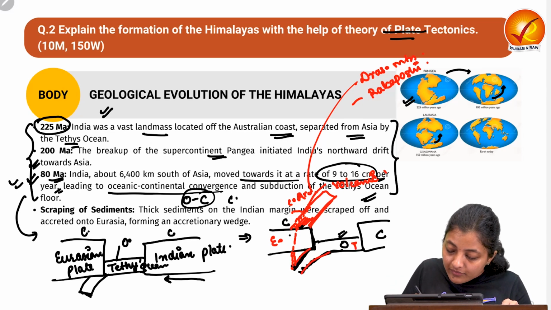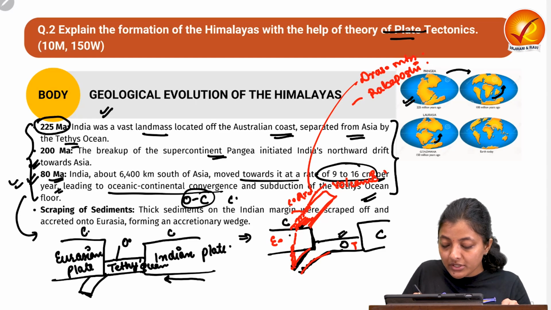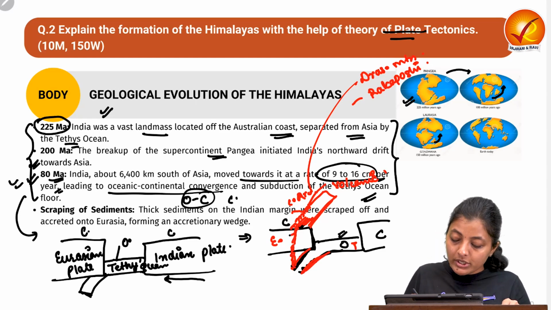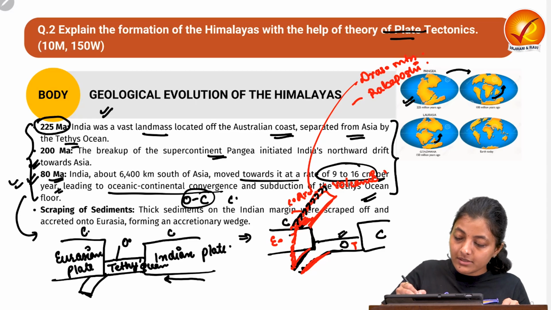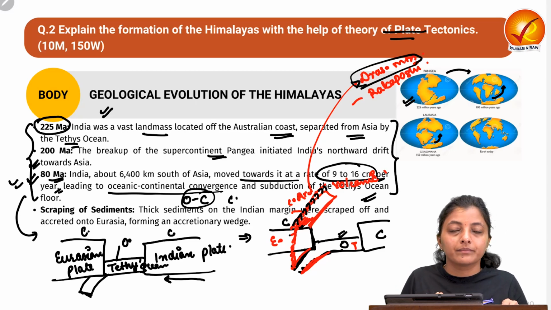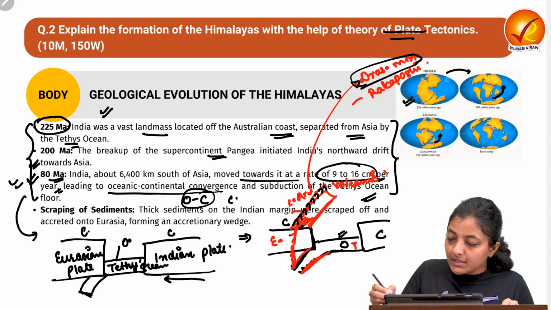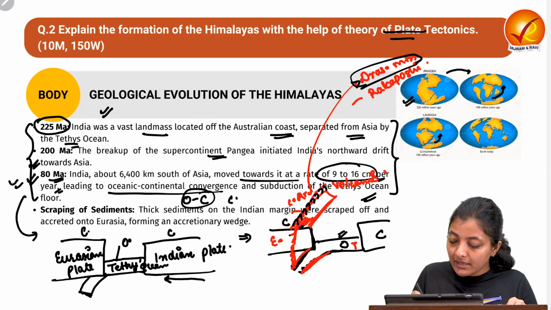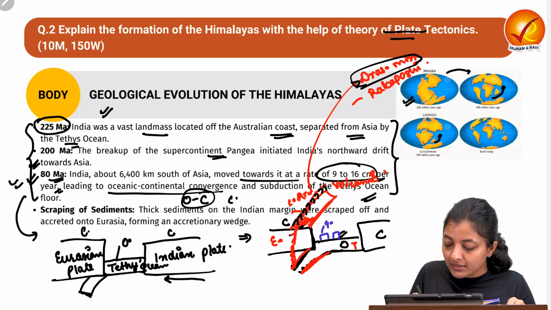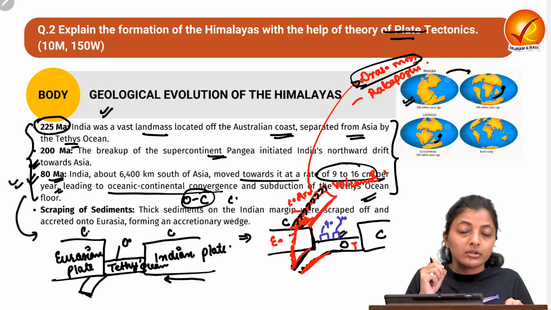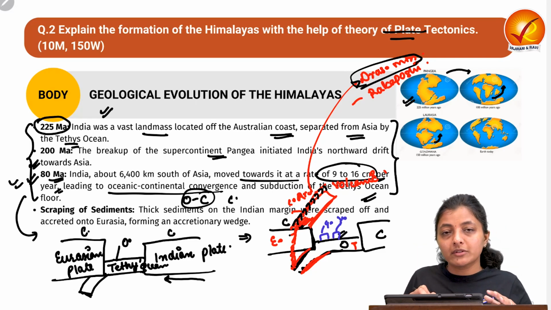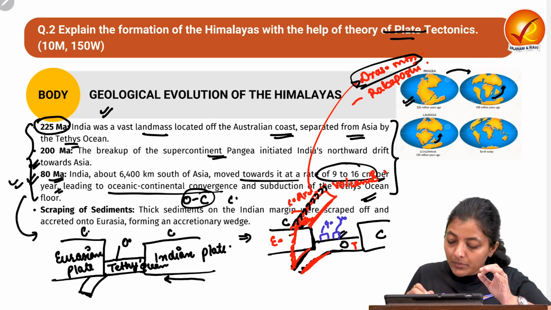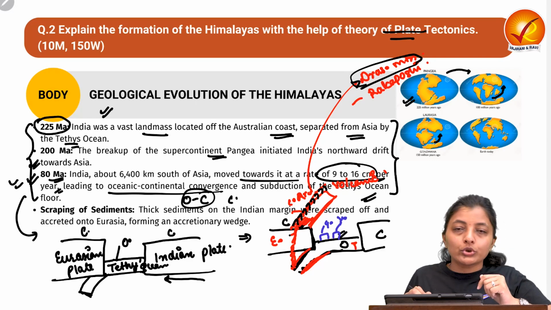This is the Eurasian plate, this is Tethys. During the subduction of the Tethys and the partial melting of this oceanic plate, volcanic mountain ranges are created, which are known as the Dras Mountains. With time, as we have seen in the previous sea floor spreading, there are features like guyots, volcanic mountains on the ocean floor, and a number of other features.